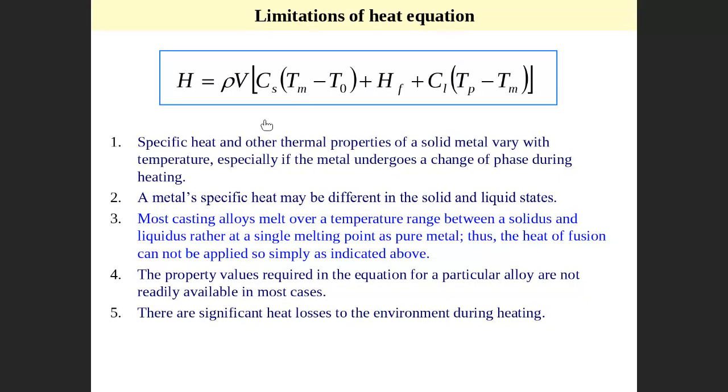Most casting alloys melt over a temperature range, not at constant temperature. If you're melting alloys, you need to consider the range of temperature to change from totally solid to totally liquid. So it is one very important limitation in this equation. However, it gives a very good approximation of the heat required to reach the pouring temperature for a certain material.